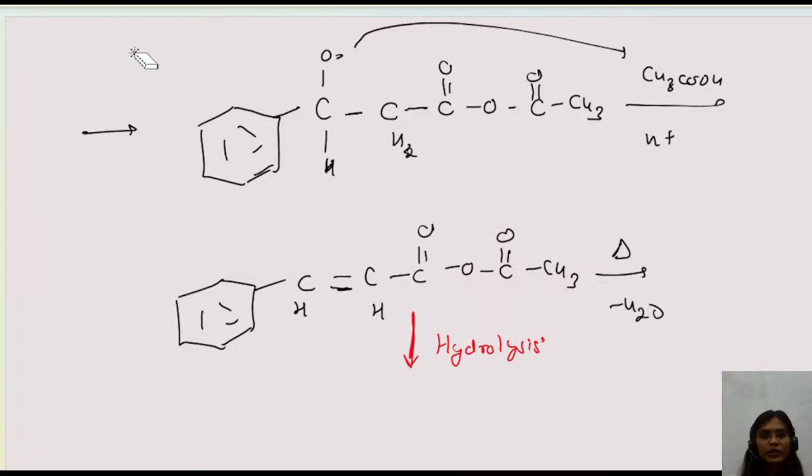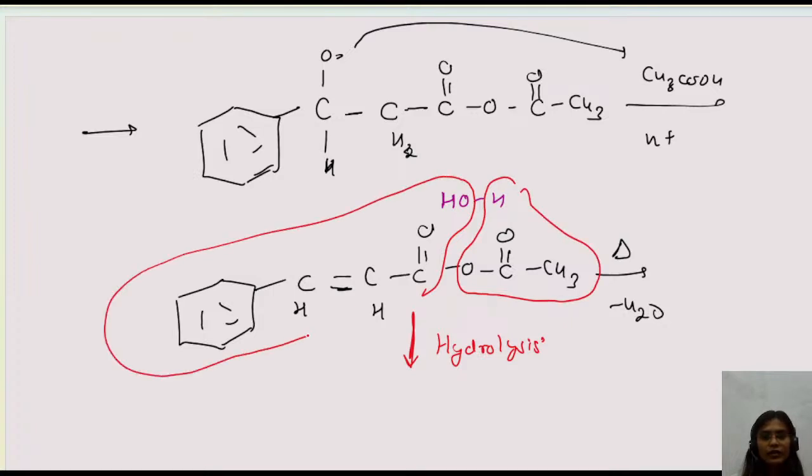Let me write that: this is the water, the simple water there. If you break the bond here, you can see this part combines with the CO and this part combines with this, so this is how we get a kind of acid.